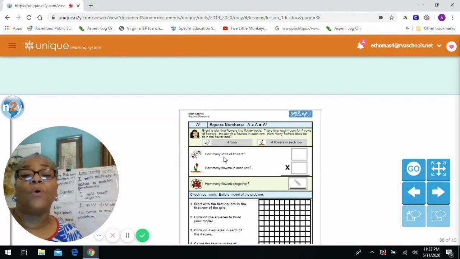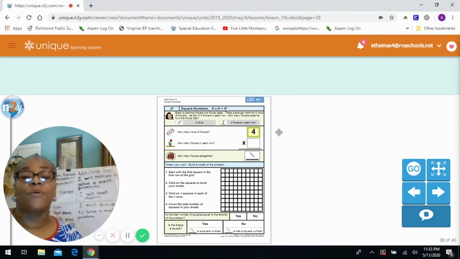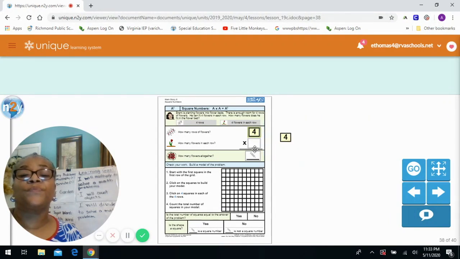So how many rows of flowers? What did he have? 4. Now, how many flowers in each row? There was 4. Okay, so now 4 times 4, does anyone know? All right, let's work it out.